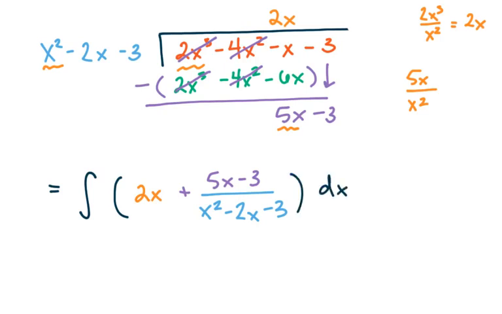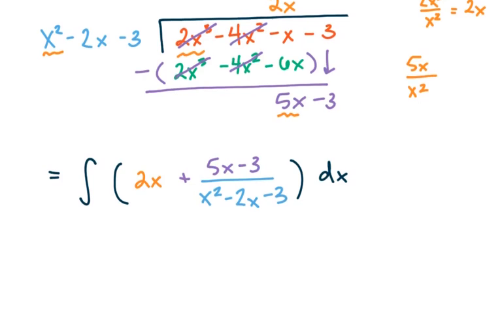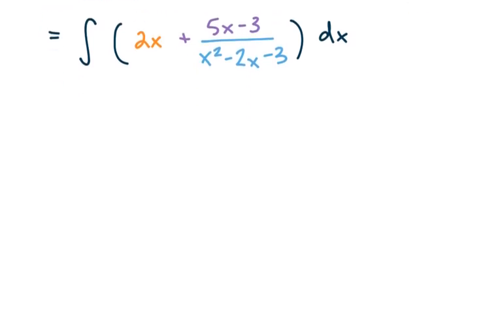So what I've done here is I used this process of long division to factor out this 2x, and now I have this as a proper fraction, and I can use my traditional partial fraction decomposition for this proper fraction. So just looking at this piece, we're going to do a little scratch work here.